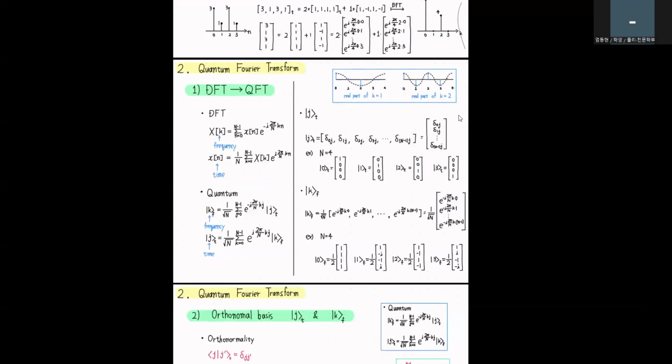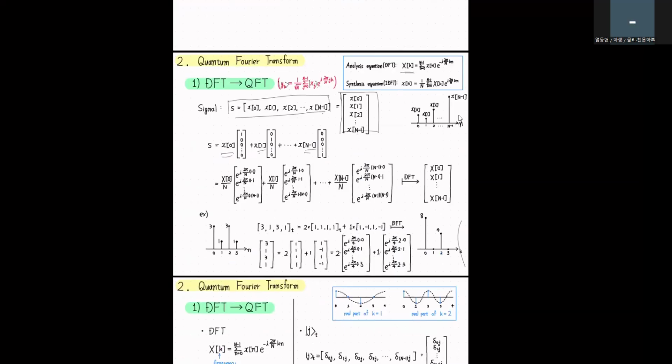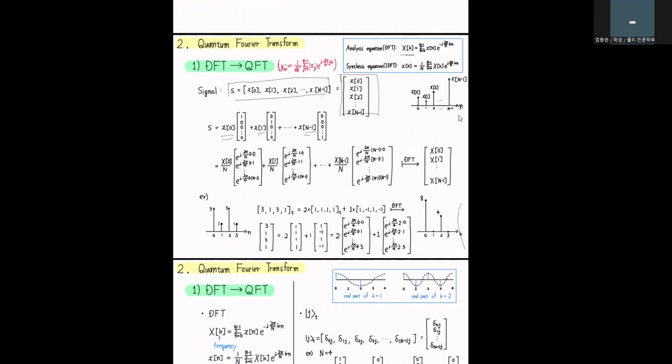So this is basically a review of the discrete Fourier transform. According to this synthesis equation, we can write this as so. And so performing the direct Fourier transform gives us this signal right here, the discrete Fourier transform.